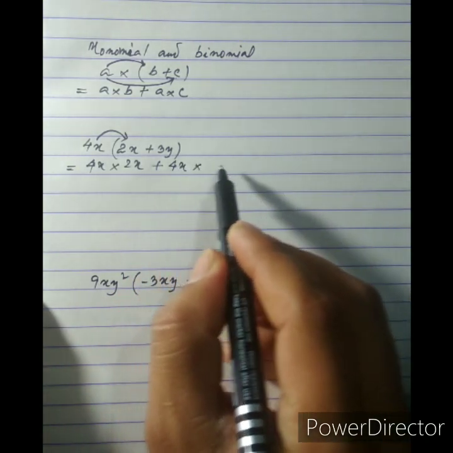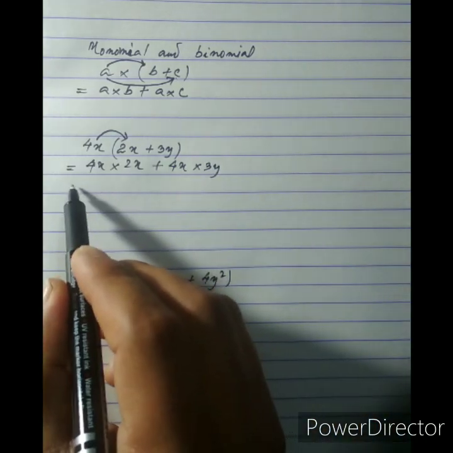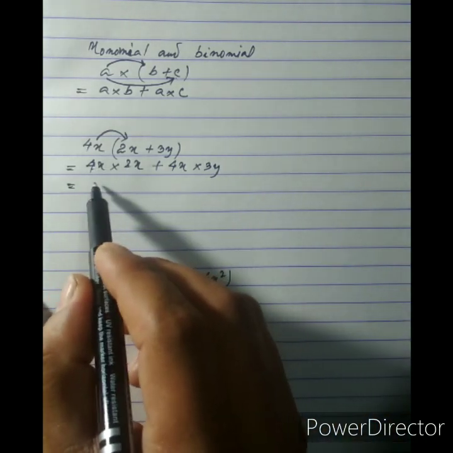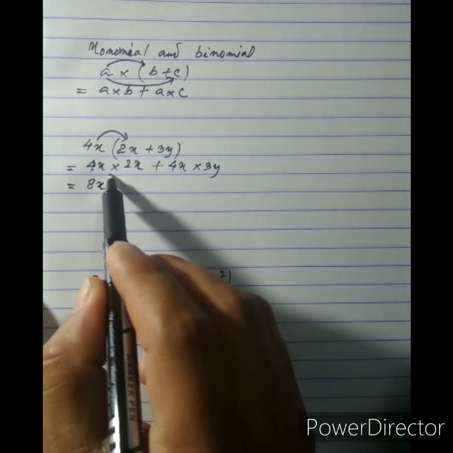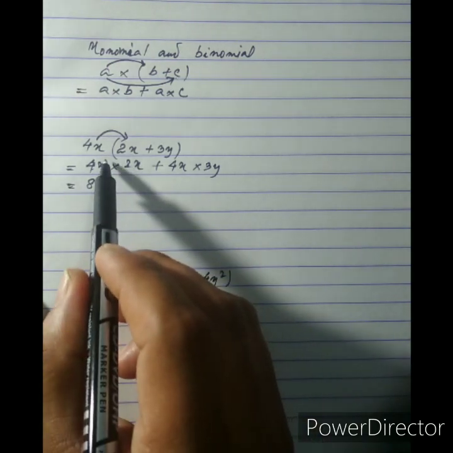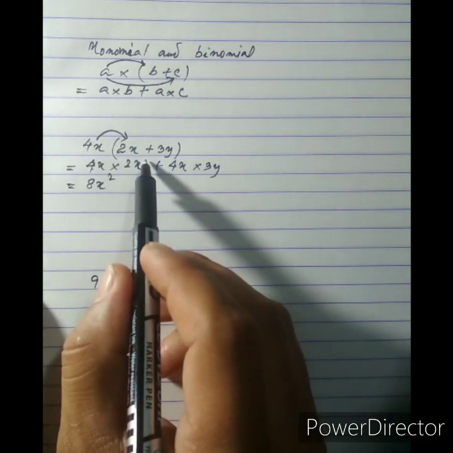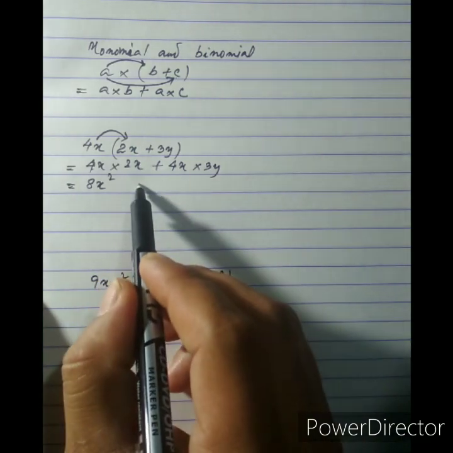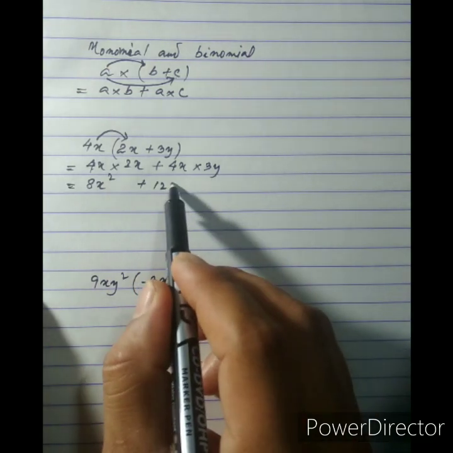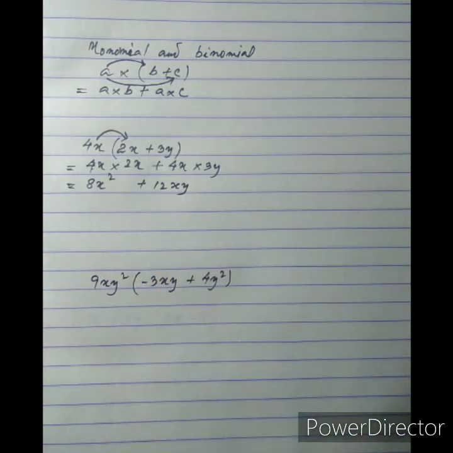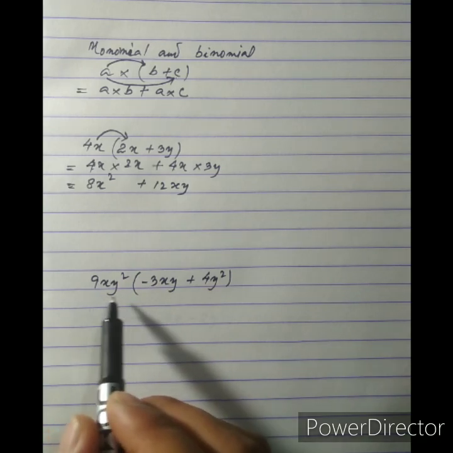Then 4x into thrice y. So 4 into 2 is 8. x into x is x square. For y, here is 1, and here is also 1. Then plus 4 into 3 is 12. x into y is xy. Then let us see even the next example.